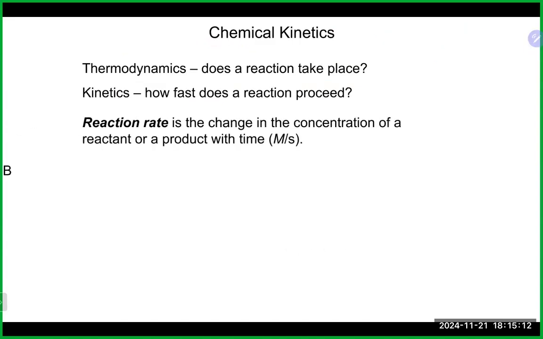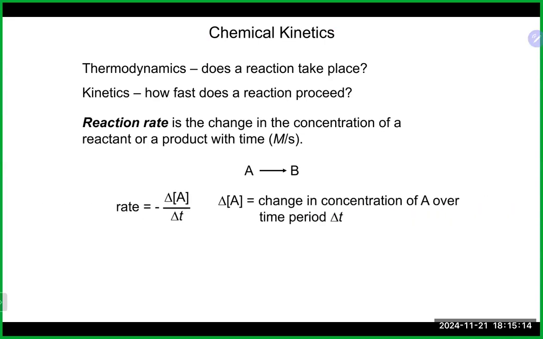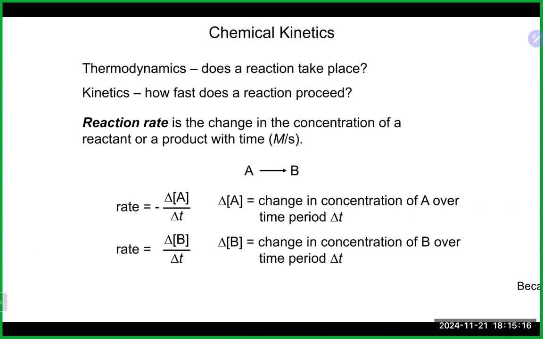So let's talk a little bit about reactions. There are a couple of ways that we can indicate how fast or slow a reaction takes place. A lot of times we look at what is referred to as the reaction rate, which is the change in the concentration of a reactant or product over time.